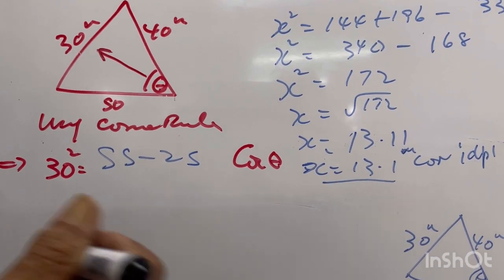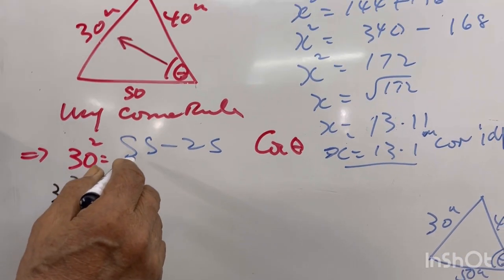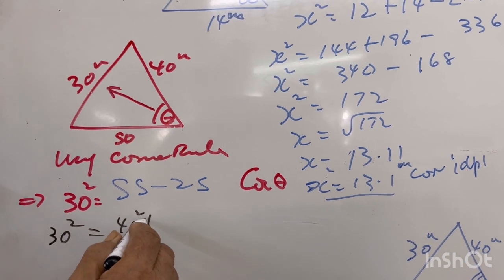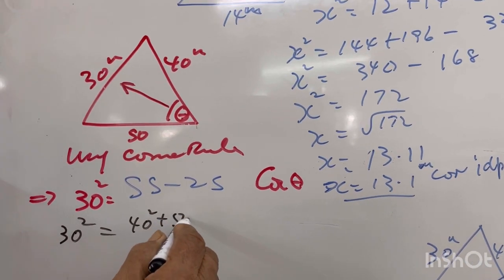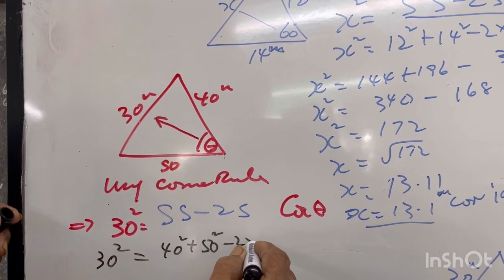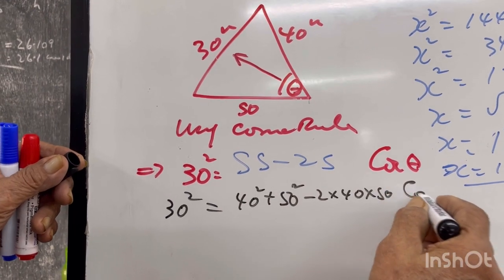We come to that, we say 30 squared is equal to the square of the other side, plus the square of the other side, minus 2 times those being multiplied together, cos the angle.